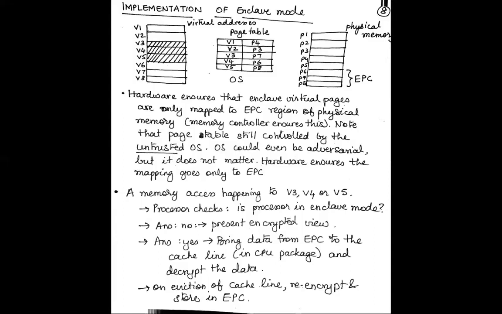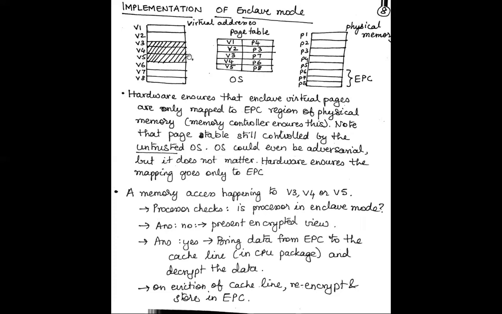As you know, a virtual address space is divided up into pages. I've shown here a simple picture of a virtual address space that has 8 pages. Let us just say that this particular process designates 3 of its pages to be part of one enclave. Pages V3, V4, and V5 are part of an enclave.